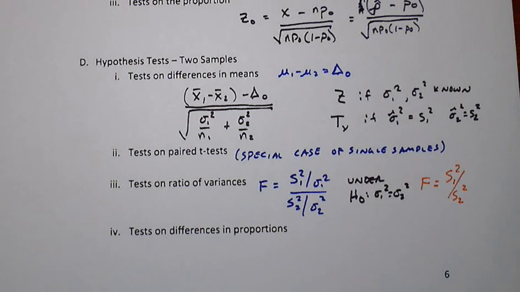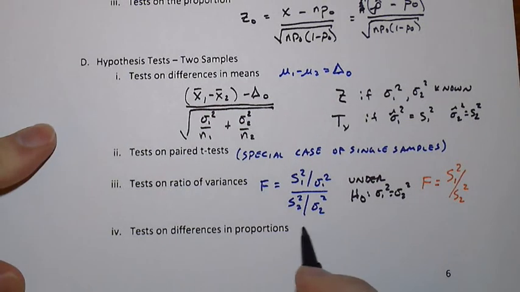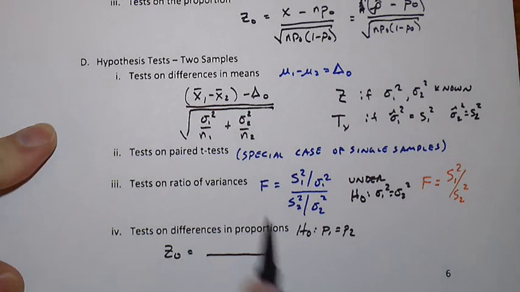And then finally, for tests on differences in proportions, typical null hypothesis is that the proportions are the same, and so our test statistic is z. If they're the same, then all we're left with in the numerator is the difference. You can write the minus, but they're the same, right? So minus the difference, but they'd be the same.